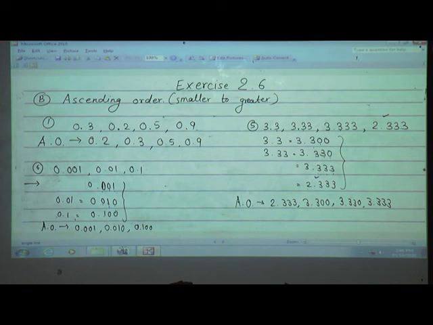Now we will solve the C question. What is the C question? Arrange in descending order.